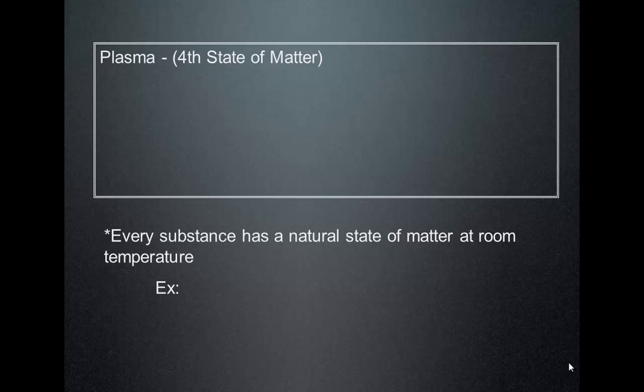And then we have our 4th state of matter, plasma. And plasma is, I think, sometimes a little bit hard to visualize because it's not something we have a whole lot of direct experience with. But a plasma is often called an ionized gas.